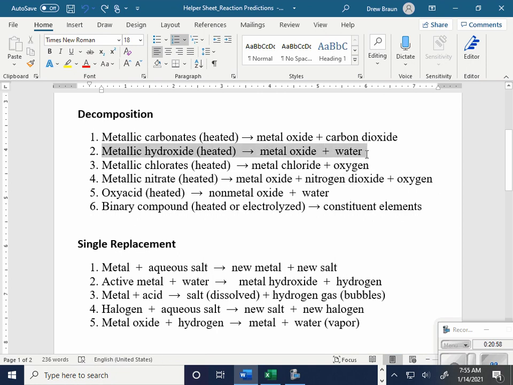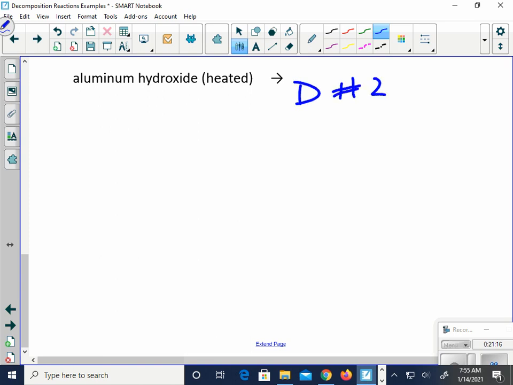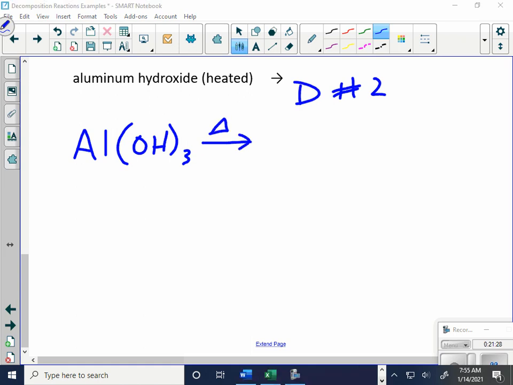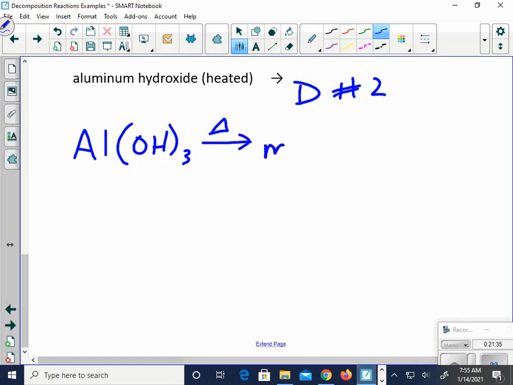A metallic hydroxide, when it's heated, once again, when it's heated, it's giving me a metal oxide and water. I forget what we said, 2? Is that what we said? Decomposition number 2? Metal oxide and water.